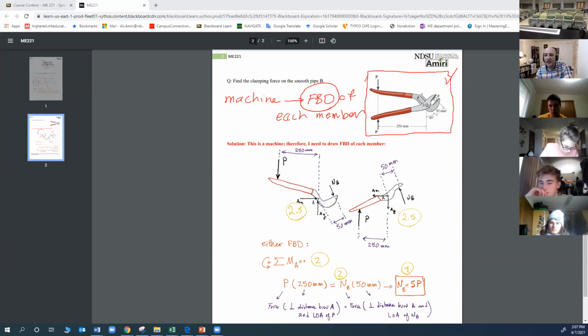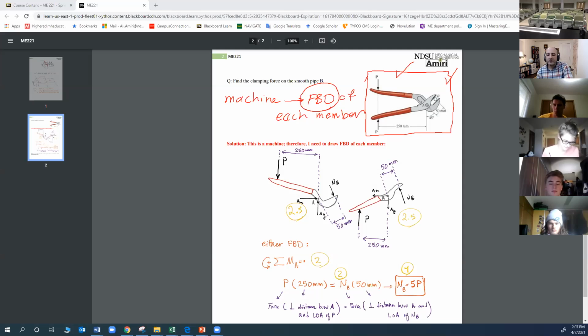Do you see a clamping force on this diagram? Do you see any clamping force on point B? And this figure right here. No. Okay. Do you see any force on A? On that figure, no.